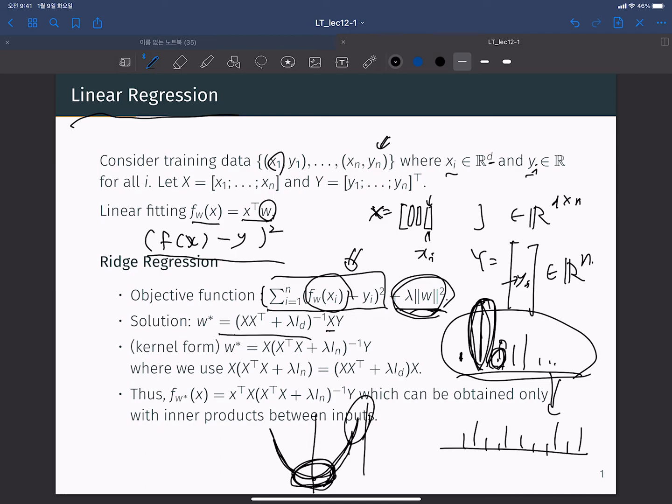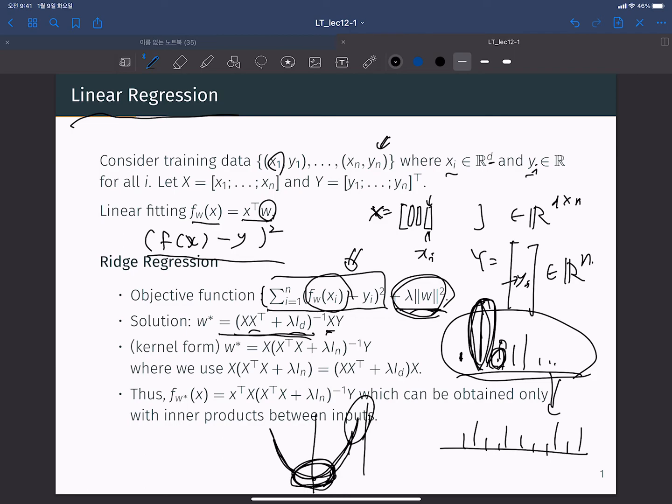So to compute this solution, we need to compute the empirical covariance matrix of input X and the identity matrix, and we have to find the inverse of this. And this is our X input matrix, and this is our output vector for the training set.